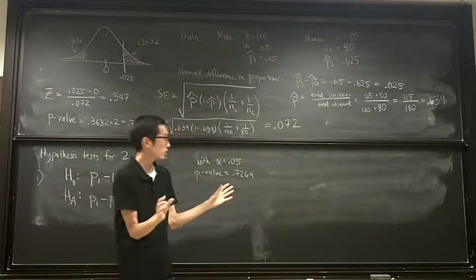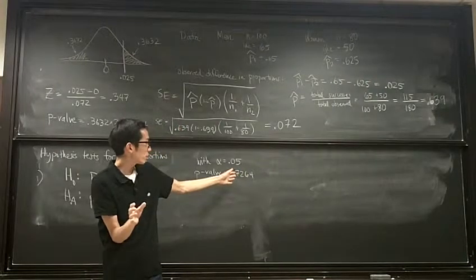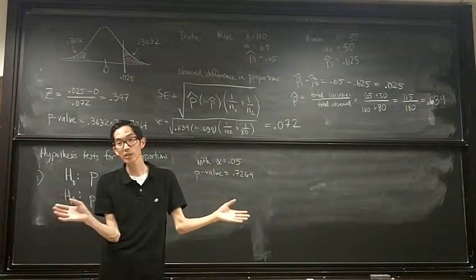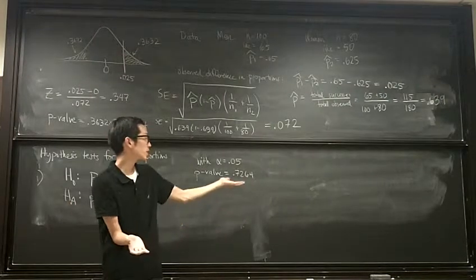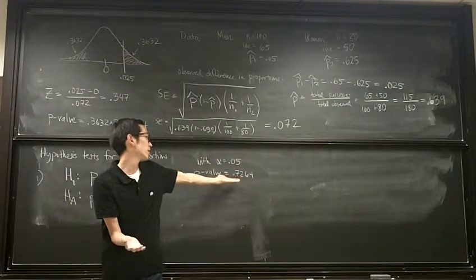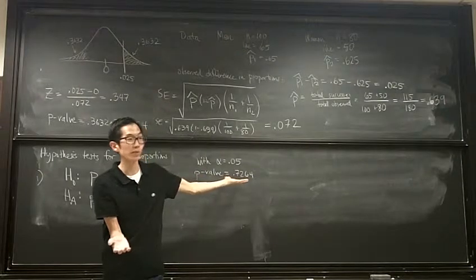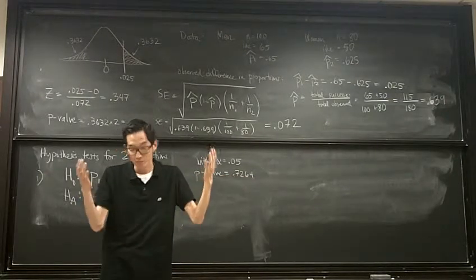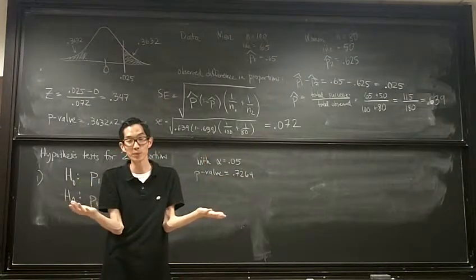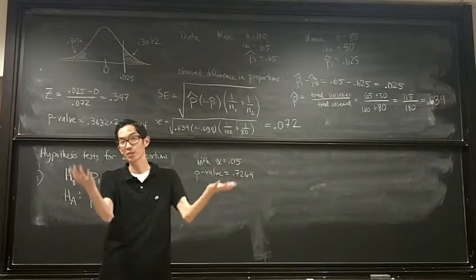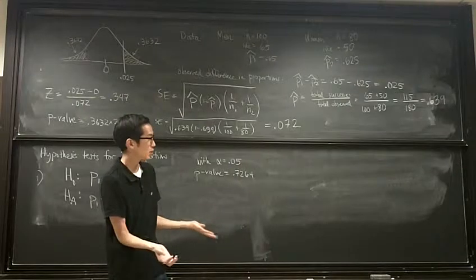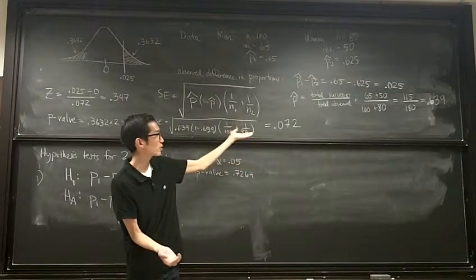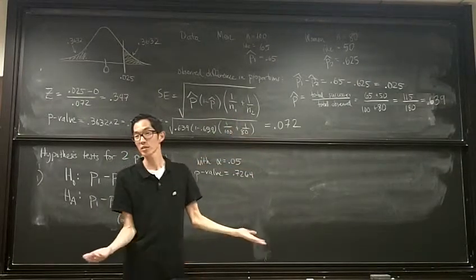And it's saying, well, if you do the math, whenever you take random samples, you're not going to get the same proportion, and you're going to get a difference of 2.5% about 73% of the time. Basically, 3 out of 4 samples that you take, you're going to see a difference of at least 2.5% anyway, okay? So what that tells us is that our difference of 2.5% is not a big deal.